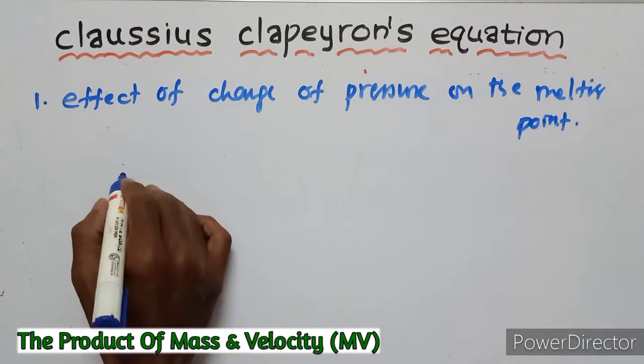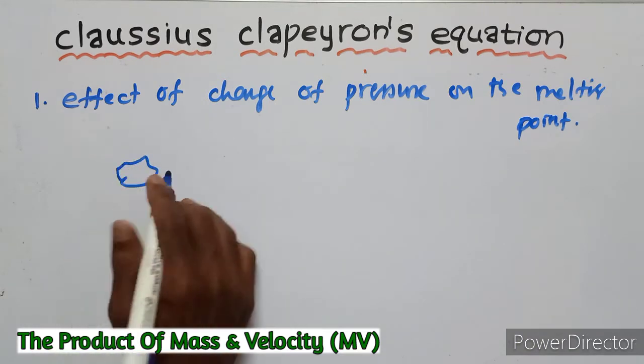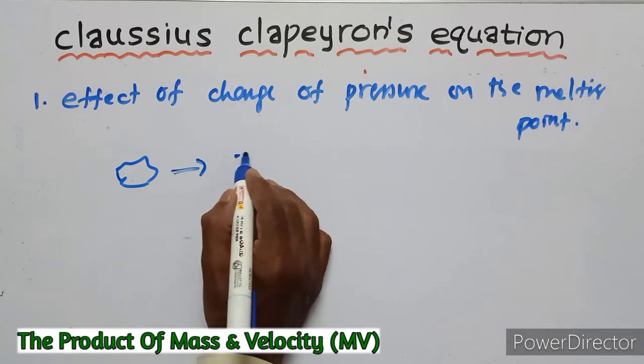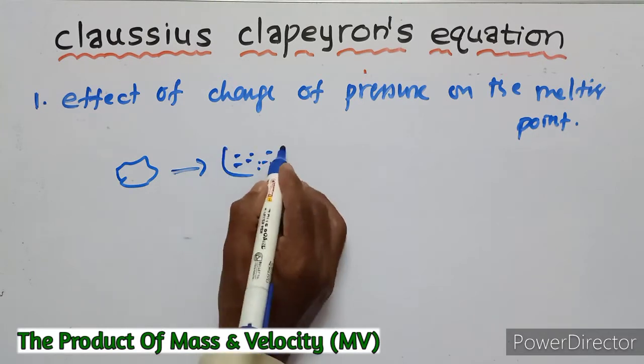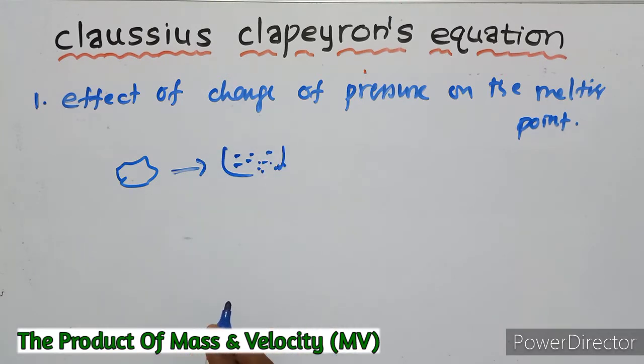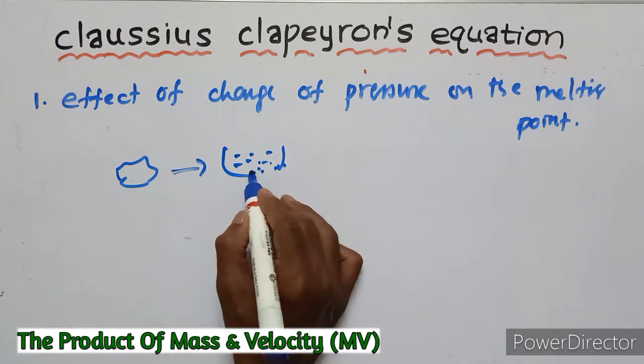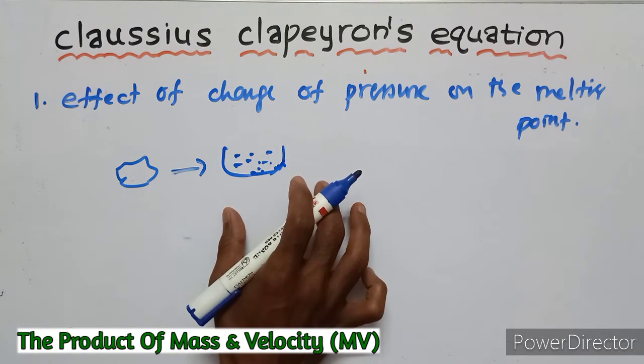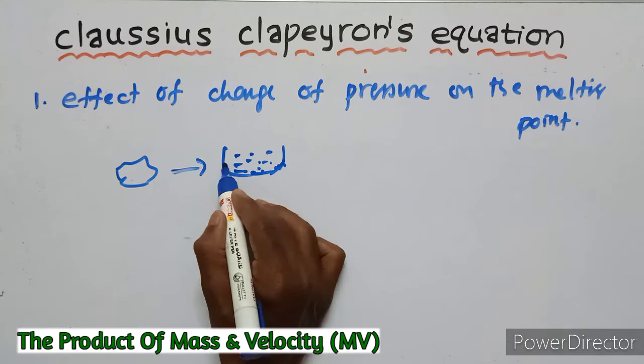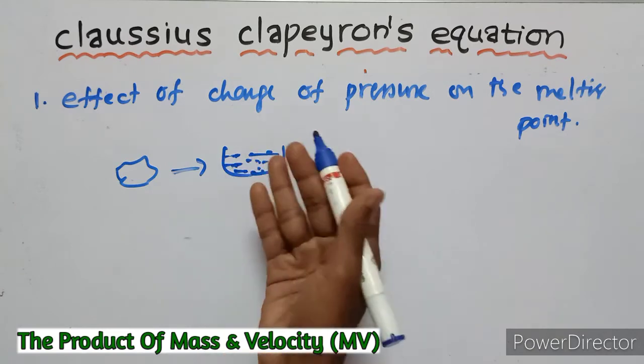When a solid is converted into liquid, there is a change of volume. Change of volume means this is the volume change.